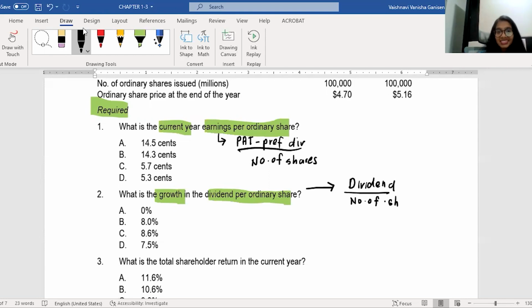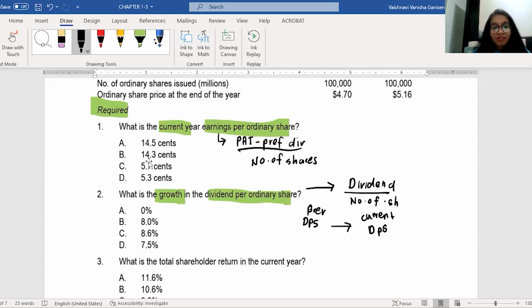Now, if the examiner wants you to find the growth in dividend per ordinary share, you have to calculate DPS at the previous year and compare it with the current year dividend per share, not DPP, DPC, DPS, dividend per share.